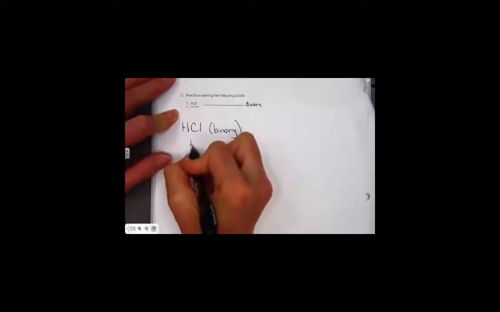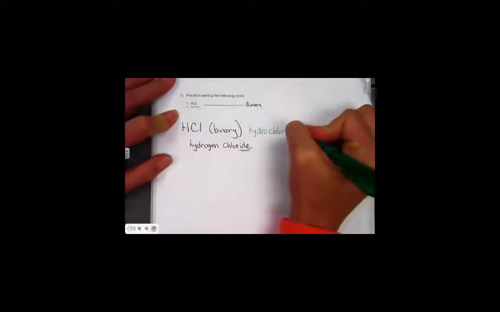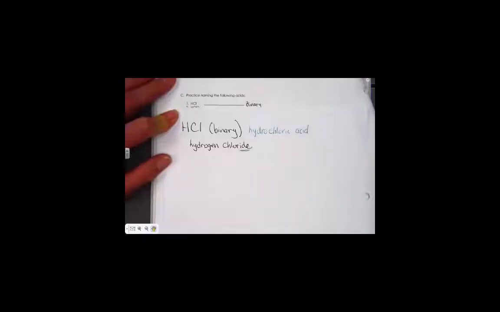I would have named this hydrogen chloride, but now let's name it correctly as an acid. If the original ending were IDE, we go hydro, root word ic. This correctly is called hydrochloric acid. HCl, hydrochloric acid.